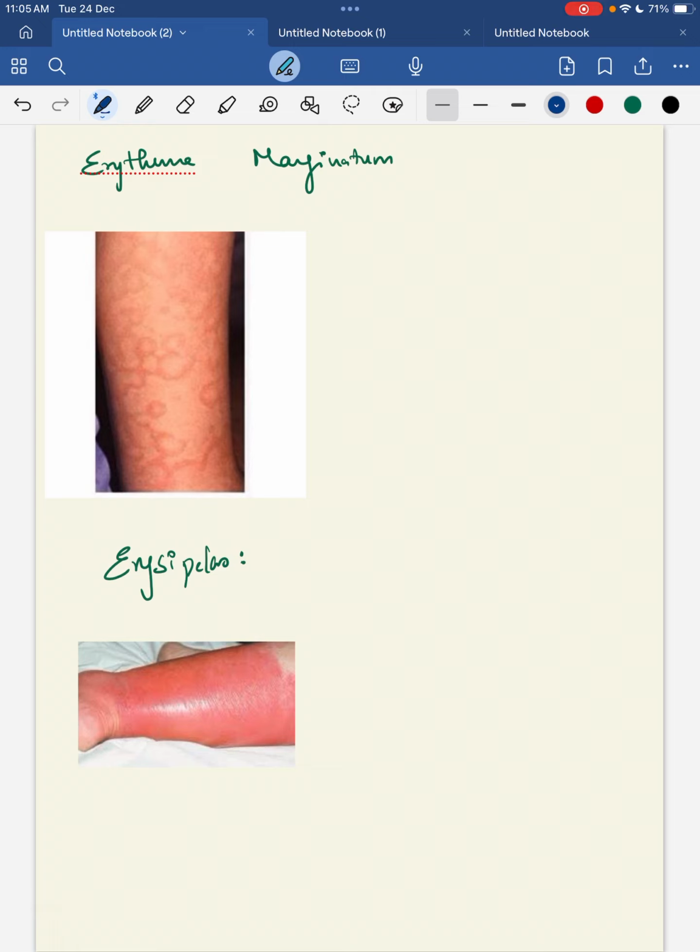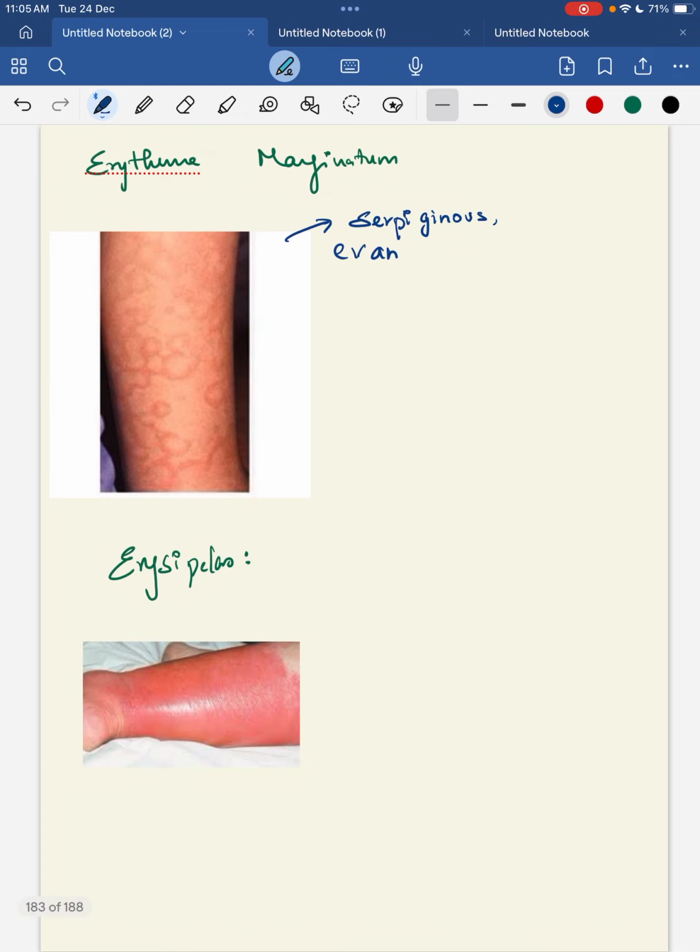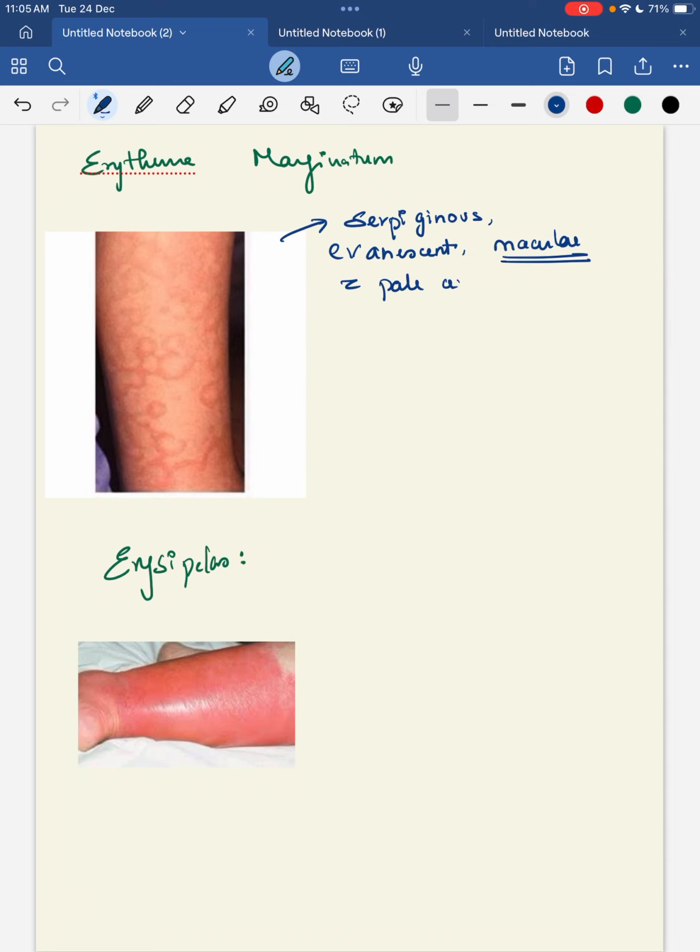Next one is your erysipelas. Erysipelas is nothing but caused due to a rare manifestation of your group A streptococcus infection. So this is infection of deeper layers of skin which have a well demarcated, bright red and a painful lesion.